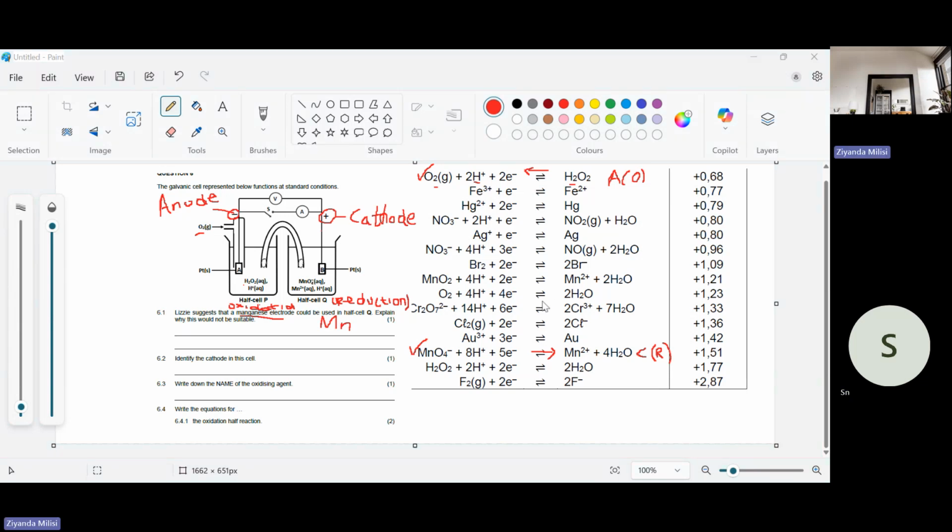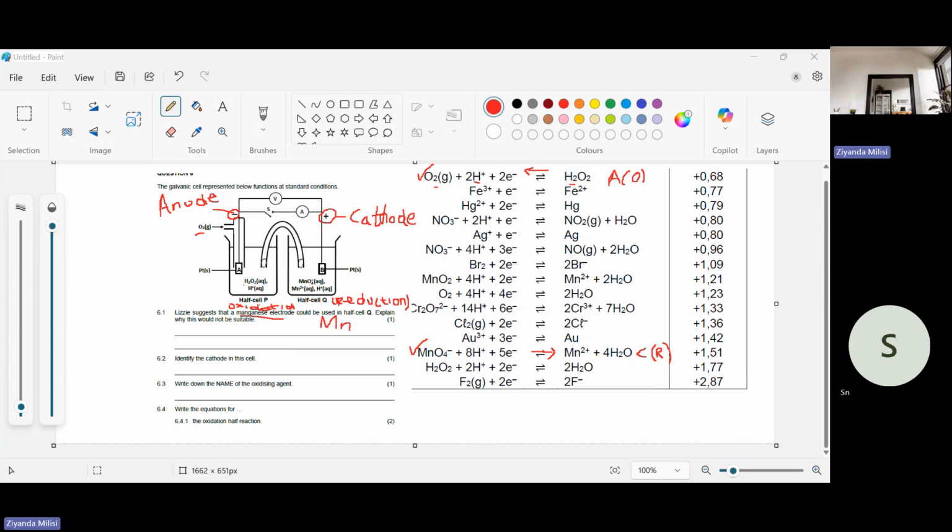That's not Mn, this is Mn2 plus. Can you see that? It's not Mn. So Mn is not part of the half cell reaction. So we can't use it, all right? Because it's not part of it. That is the reason.